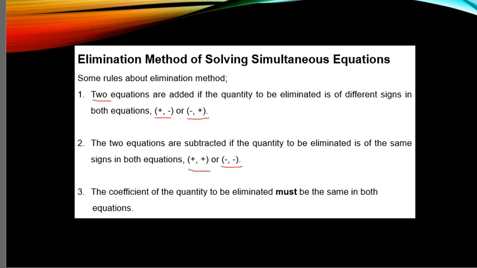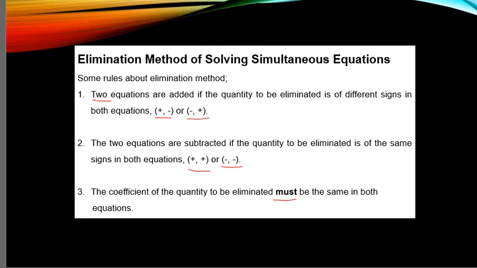Then third, the coefficient of the quantity to be eliminated must be the same in both equations. In other words, if you have 2s in equation 1, you should have 2s in equation 2 in order to successfully eliminate that variable from both equations.